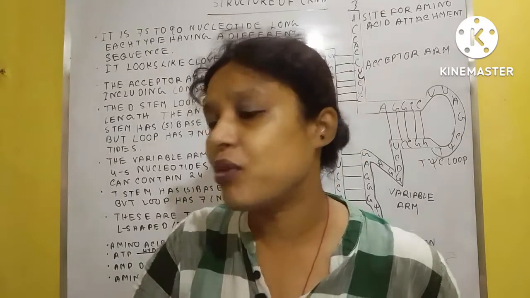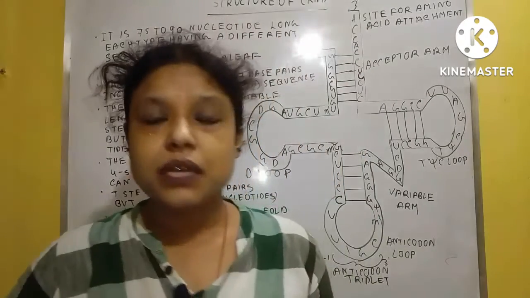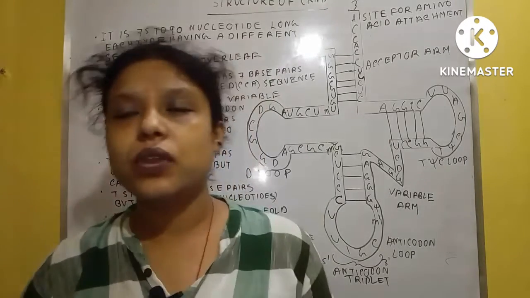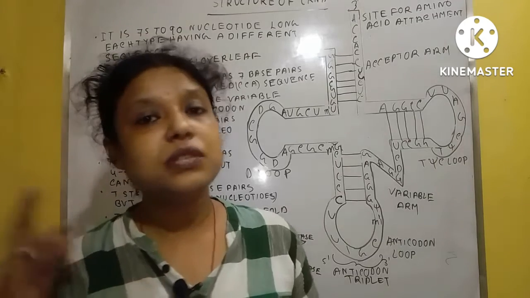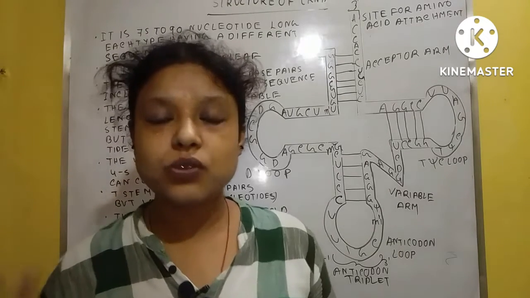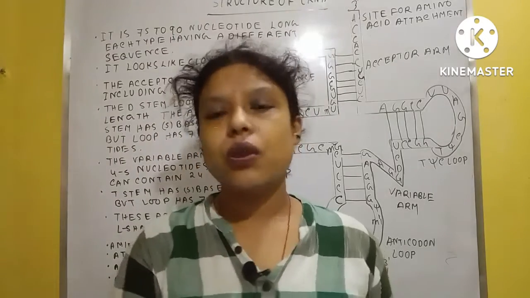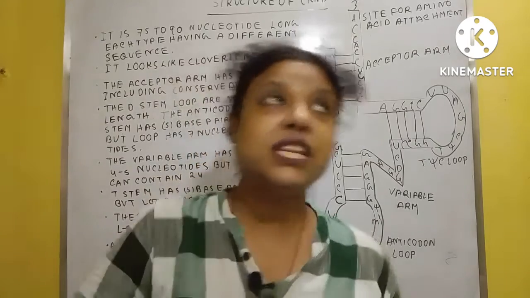These three are very important because without them, the cell cycle, which is very important for cell division, is not completed. So these are very important topics in our life, or in the subjects. Today's topic is the tRNA structure.